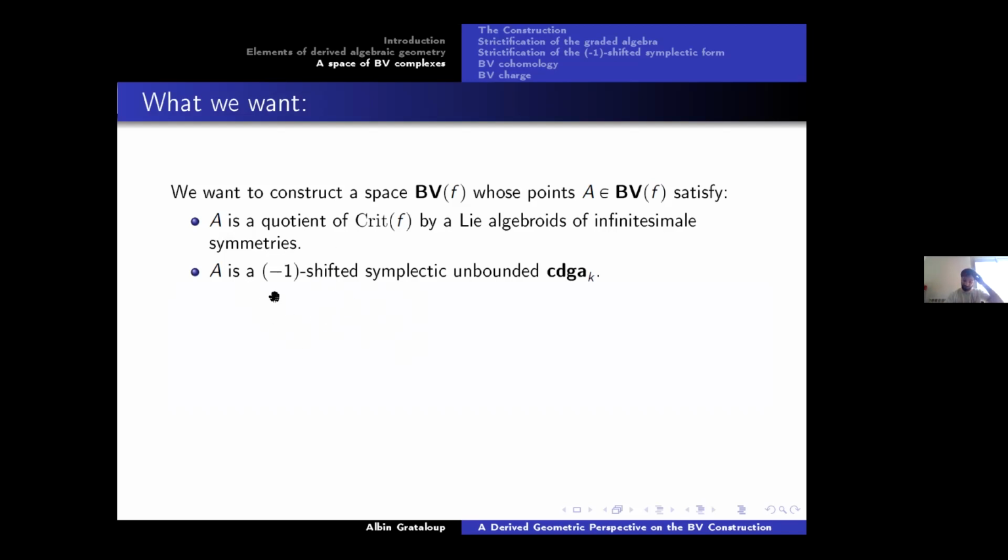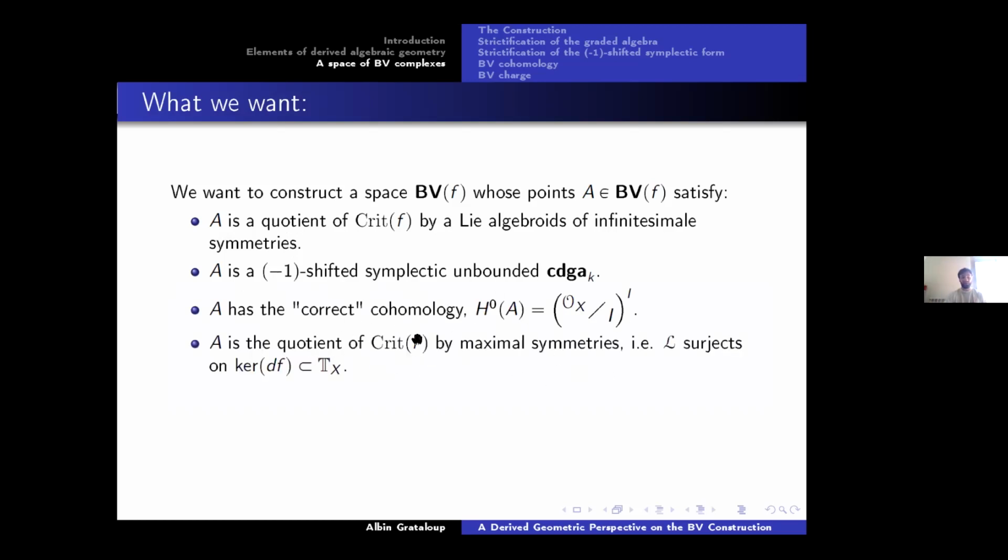I want a minus-1 shifted symplectic structure on it. I want it to have the correct cohomology, of course. I want it to be a quotient by some maximal symmetries in some way, which can be phrased by saying that the algebroid is subject to the kernel of the differential, so I can have an algebroid of maximal symmetry.